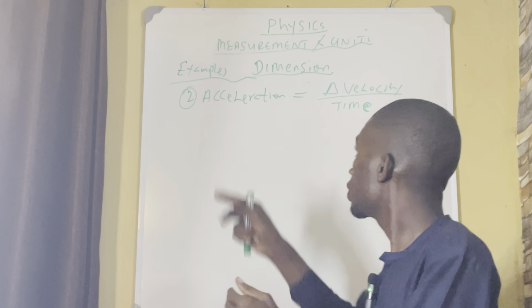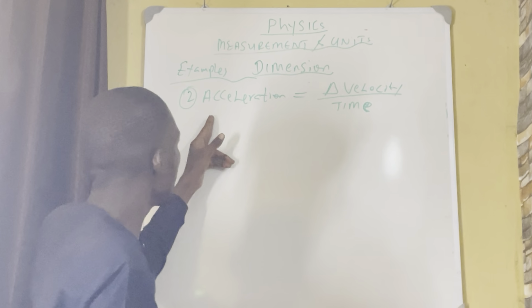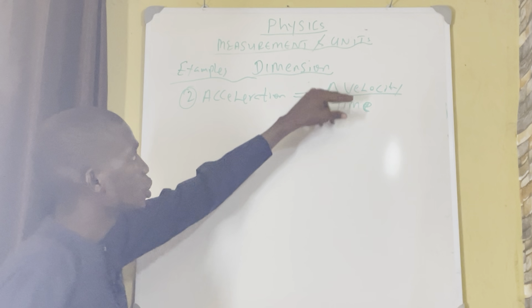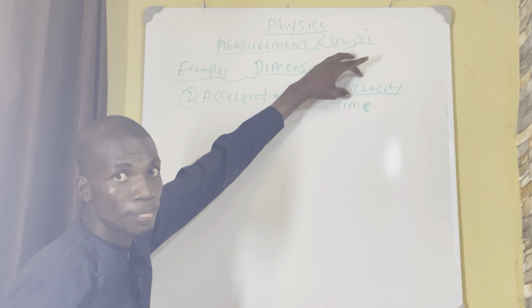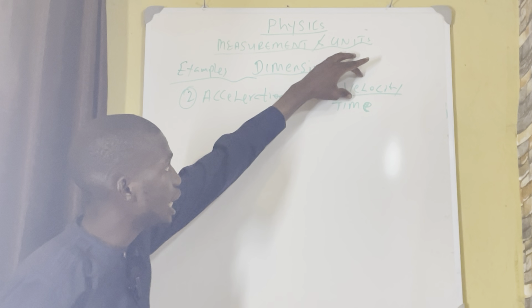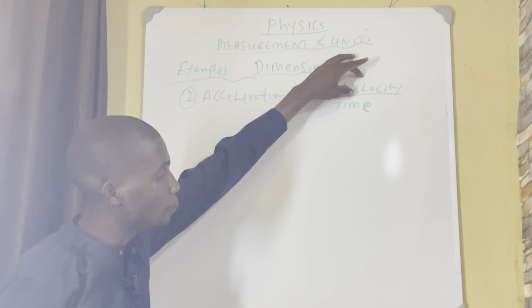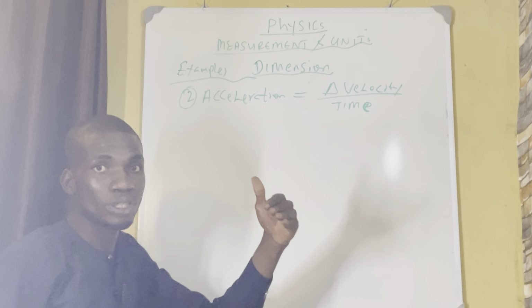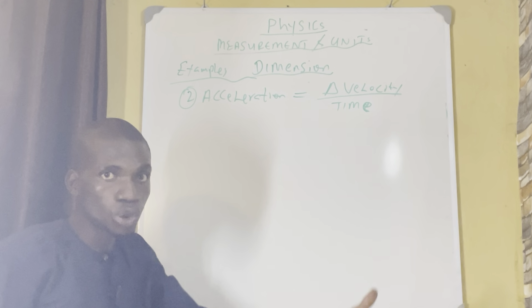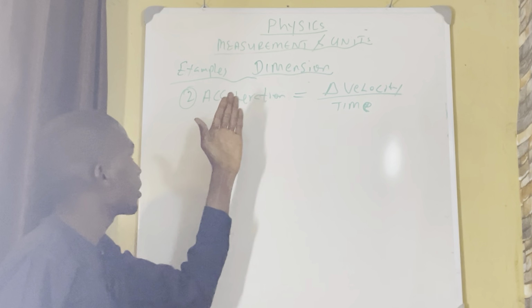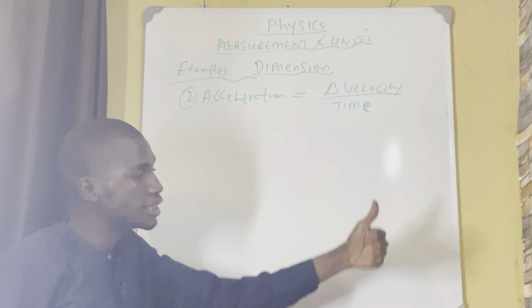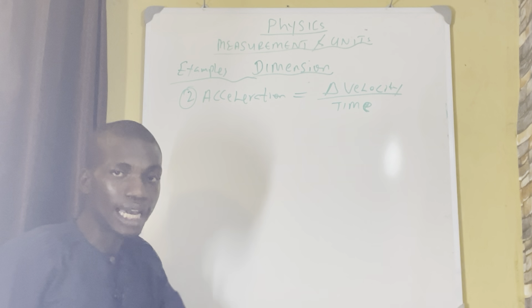So here, acceleration is change in velocity over time. Velocity is not a fundamental quantity. Dimension is telling us to change the structure of the formula for acceleration until you get length, mass, and time.